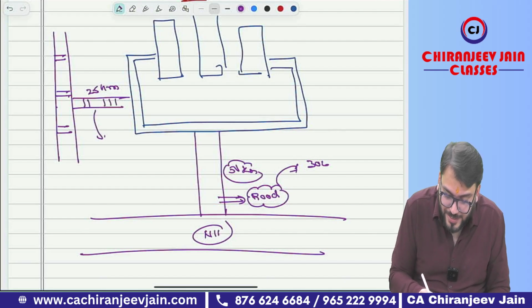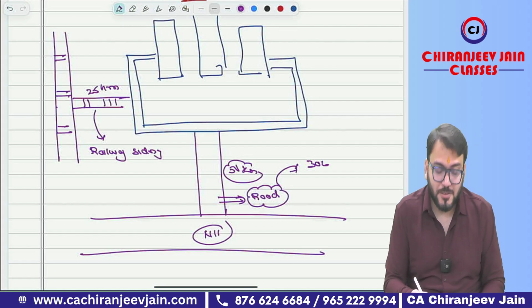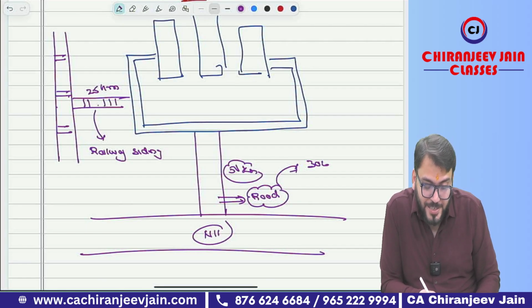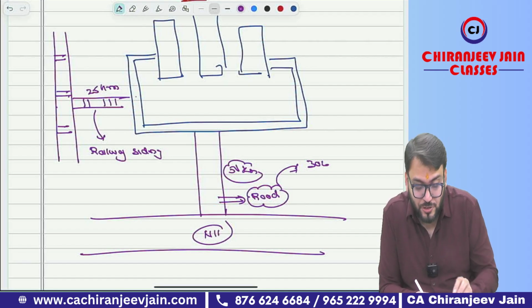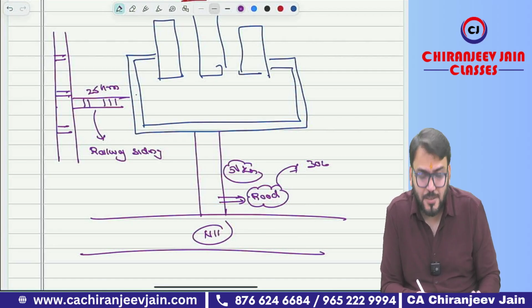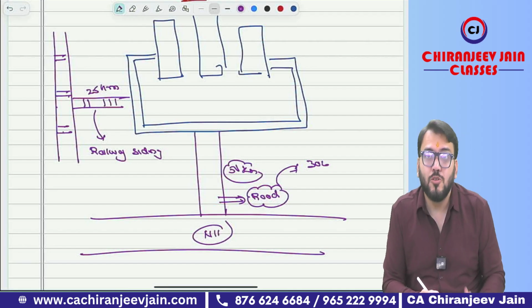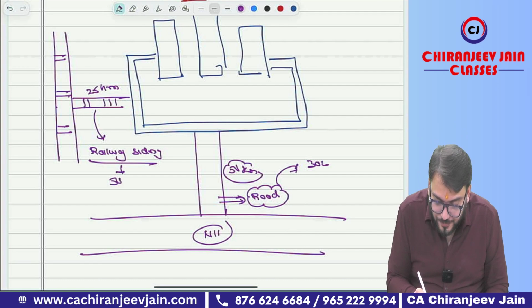This is known as railway siding, so that the goods train will come and use this railway siding, and the goods train will directly reach the premises of the factory of this entity. They will unload the goods, or loading will be done, and then again they will go back. So transportation becomes easy. And suppose the railway siding is 50 lakh.